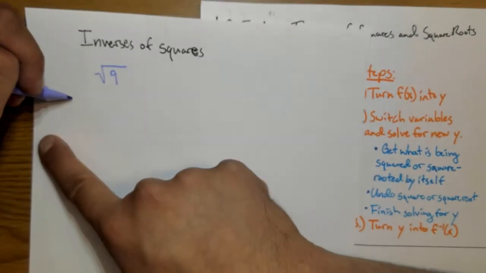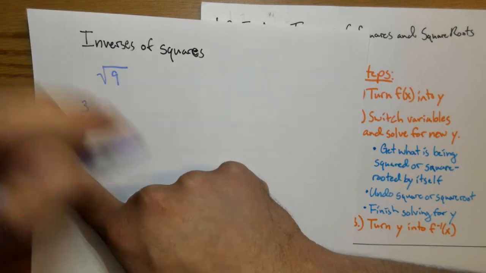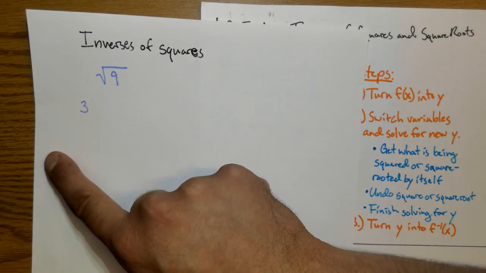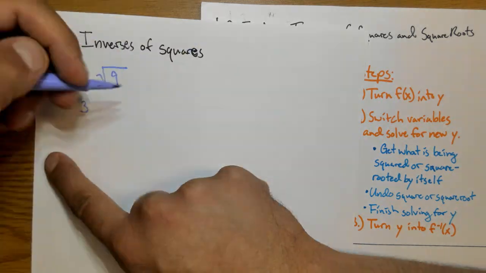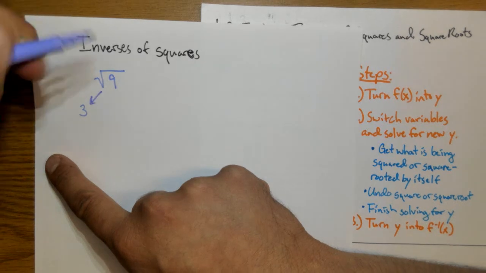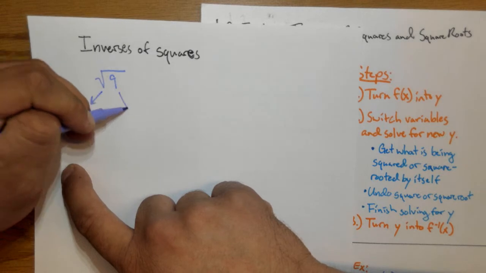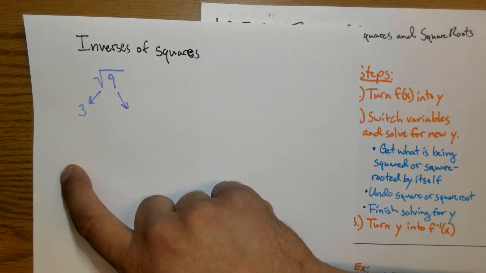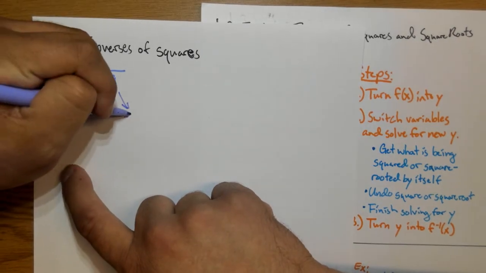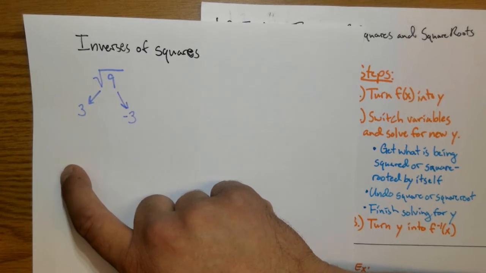Well, obviously, 3 is an answer, right? But when we're taking the square root of something, we actually get two distinct answers. And that is because of this. 3 times 3 is equal to 9, but I can also think of another number that when multiplied by itself equals 9. And that is negative 3.